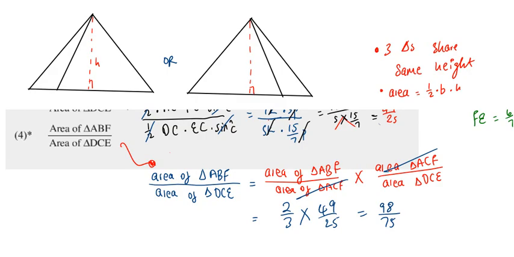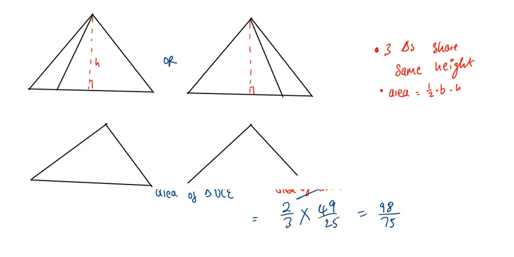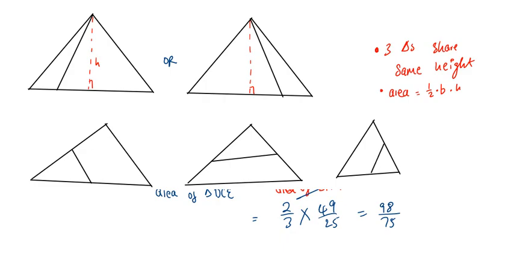What is the second type of triangle? The second type of triangle is if I have a triangle like this, I either have it like that, or I have it like this. It can be anywhere. It can also be like this.